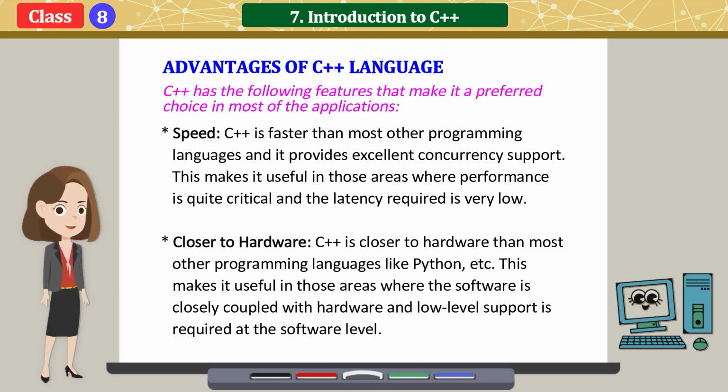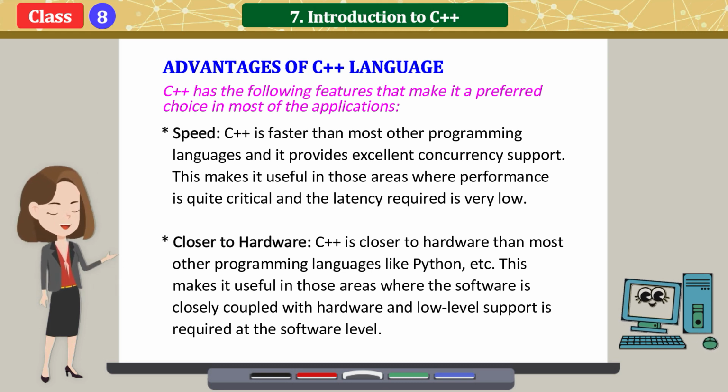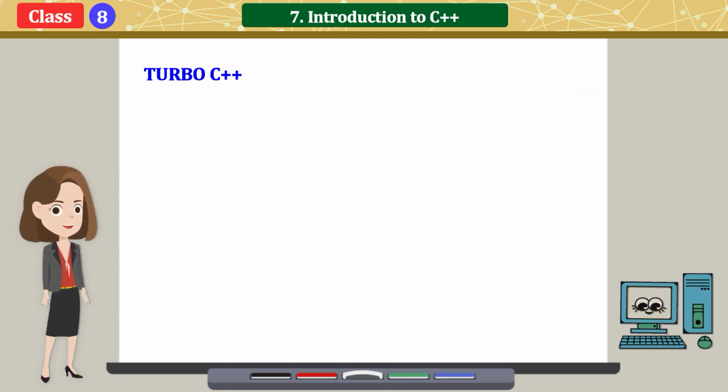Closer to hardware. C++ is closer to hardware than most other programming languages like Python, etc. This makes it useful in those areas where the software is closely coupled with hardware and low-level support is required at the software level.